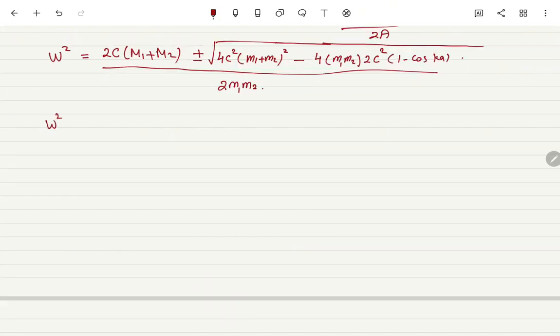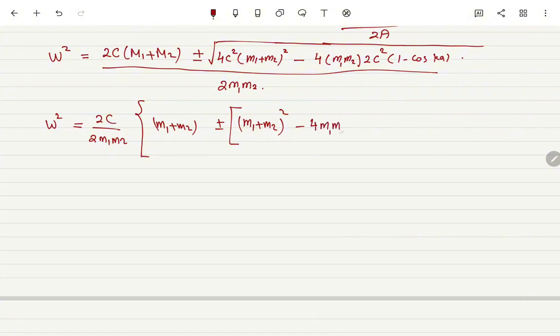Now omega square equal to 2c over 2 m1 m2 times (m1 plus m2) plus or minus ((m1 plus m2) square minus 4 m1 m2 sine square ka over 2) this whole thing to the power half.